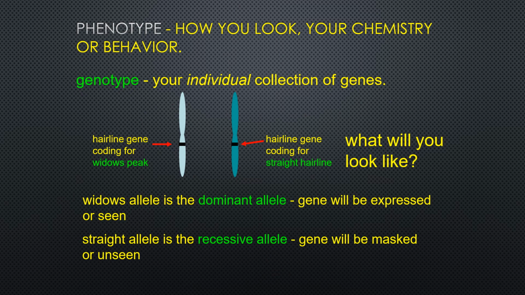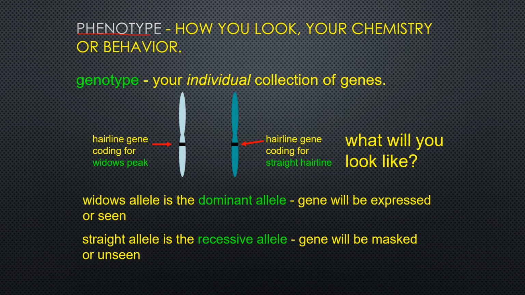Okay, I mentioned this word a little bit early. Your phenotype is how you look, or your chemistry or your behavior. So in other words, when you have that straight hairline, that's a phenotype. But the phenotype is determined by the gene.